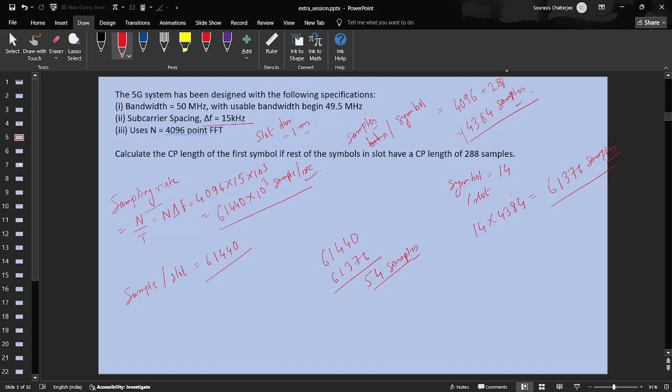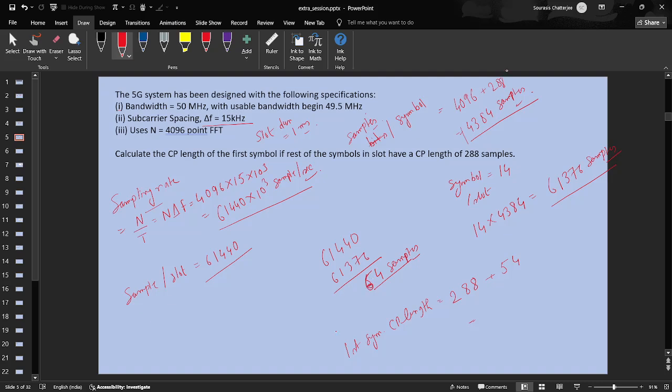Conventionally that goes to the first symbol. The CP length is basically added up, so for the first symbol only, the CP length is 288 plus 64.